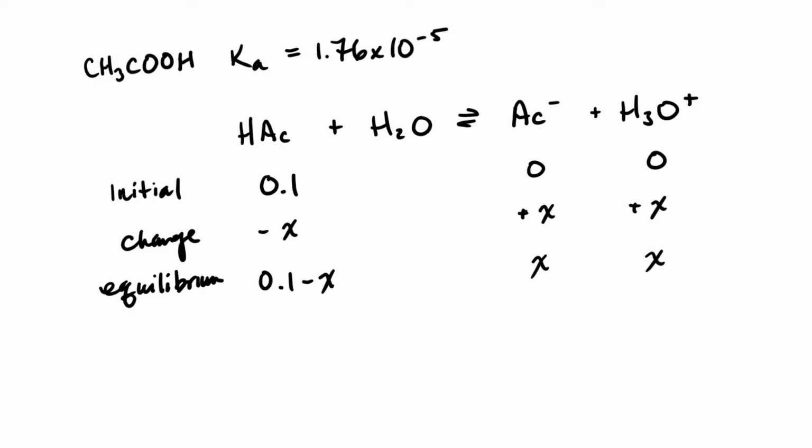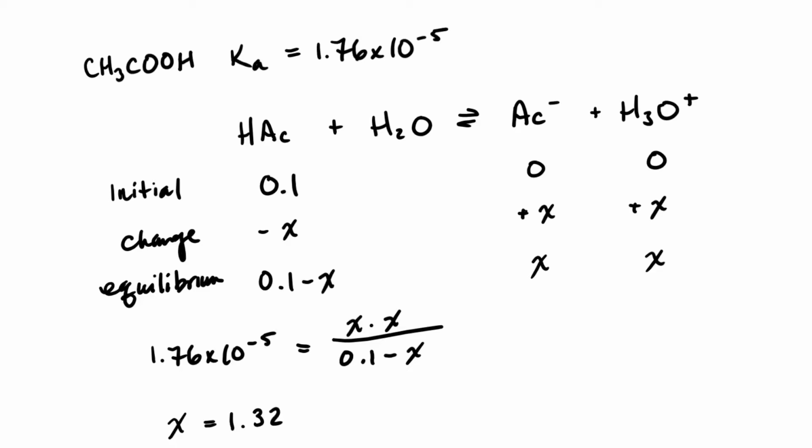Because our equilibrium expression is 1.76 times 10 to the negative 5 equals x squared over 0.1 minus x, where x is the concentration of hydronium or acetate, we can use the quadratic formula to find the solution for x, which is 1.32 times 10 to the negative 3 molar in this case as the concentration of hydronium, and that means we have a pH of 2.88.